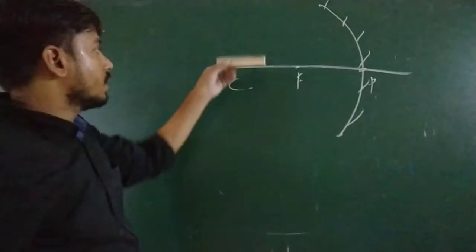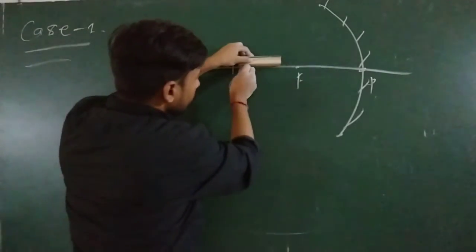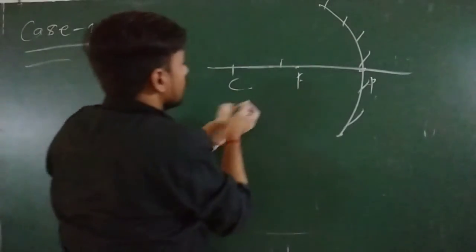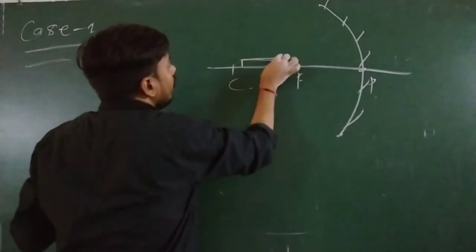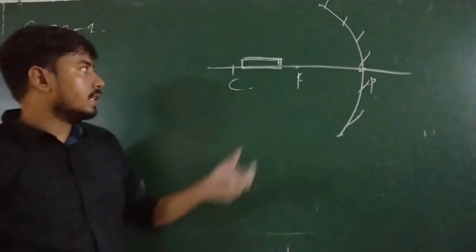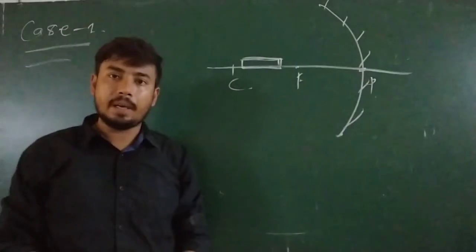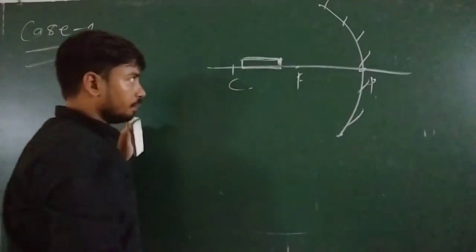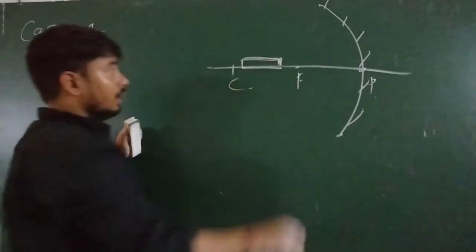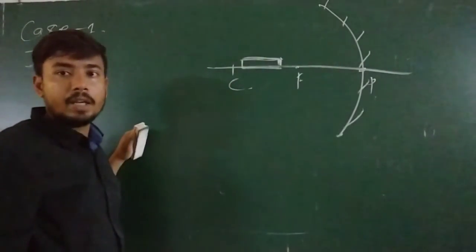See, in one case the object is kept like this one. This is the object. So here we will get one longitudinal magnification and one lateral magnification, because this is perpendicular to the principal axis. So this will give lateral magnification and this will give longitudinal magnification.